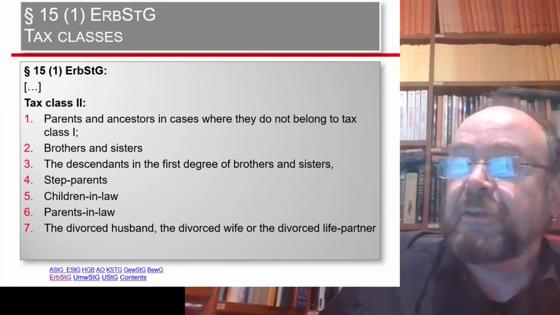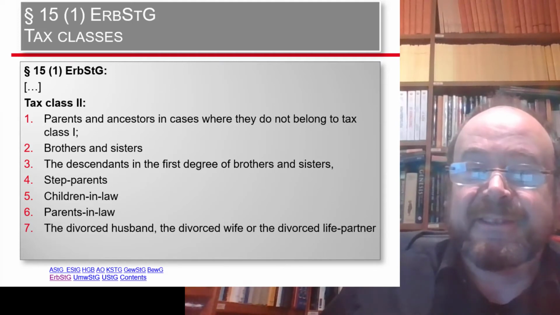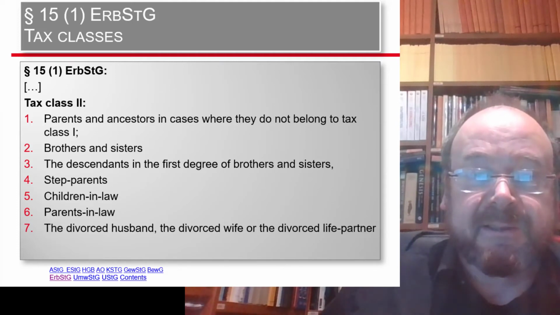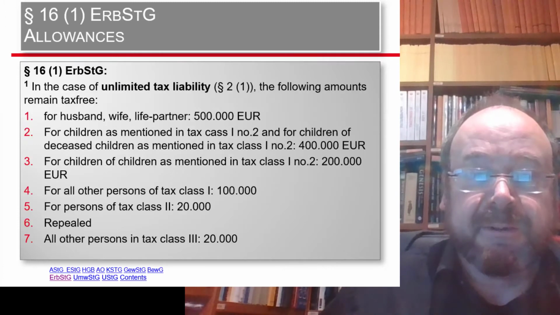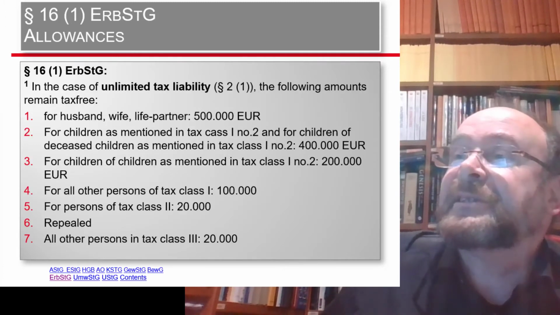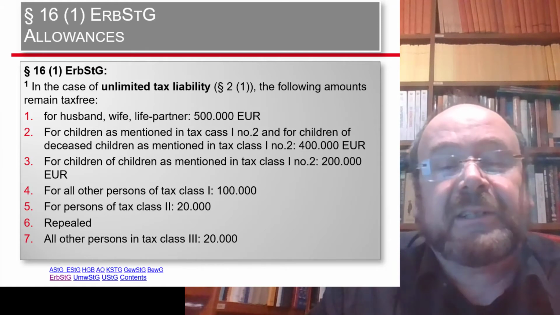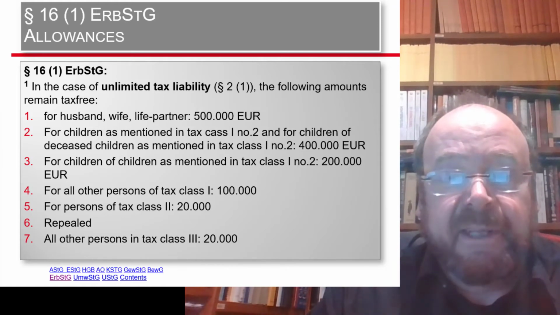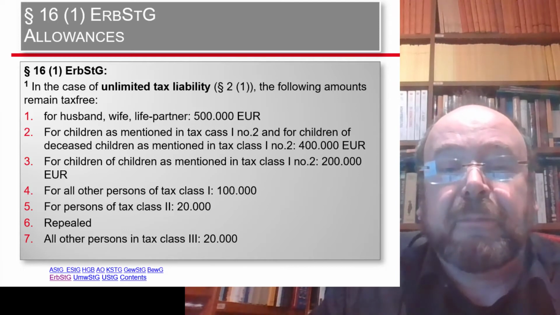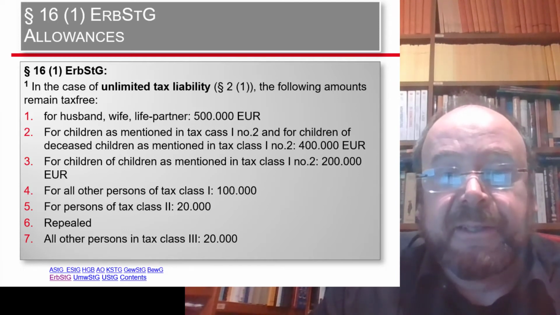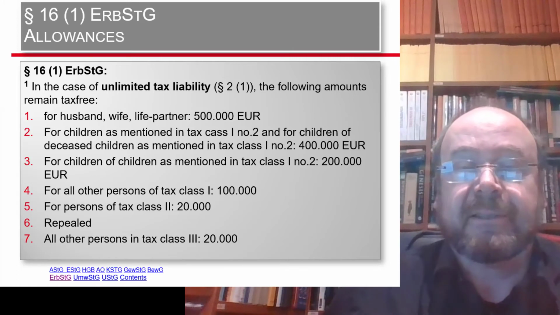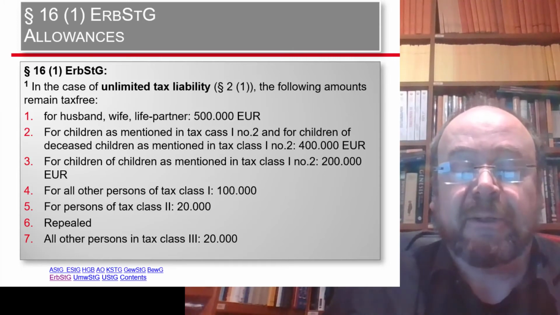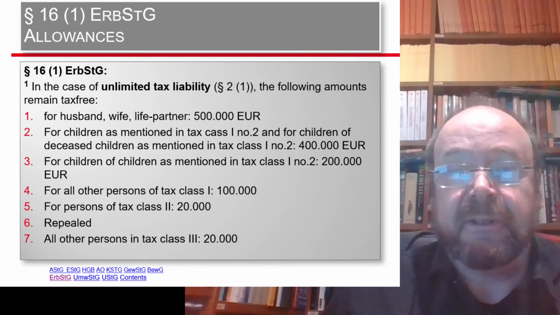And now we should simply look to paragraph 16. So let's turn a few pages till we arrive at paragraph 16. What can we get as a free allowance for persons of tax class 2? And surprise, for all of them, only 20,000. So there are some nice pieces of information which we can now add to our solution. Let's do it.